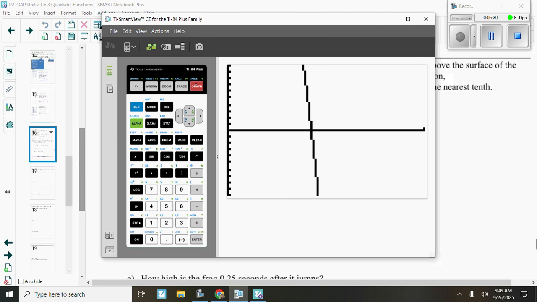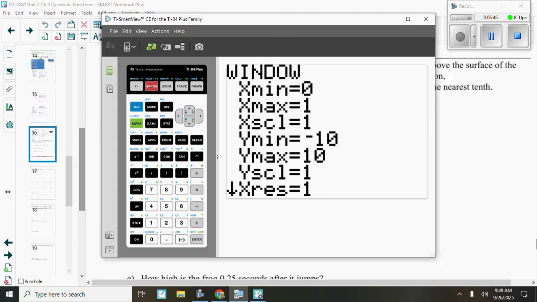So we have to go back to our equation and notice that our y-intercept is up at 25. So we need to at least see our y-intercept. Let's take a look at the window.